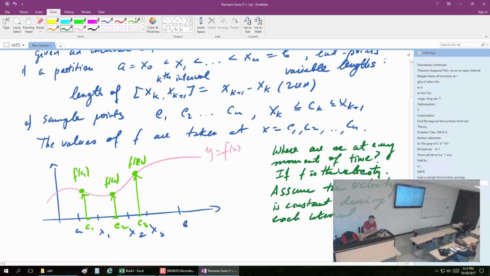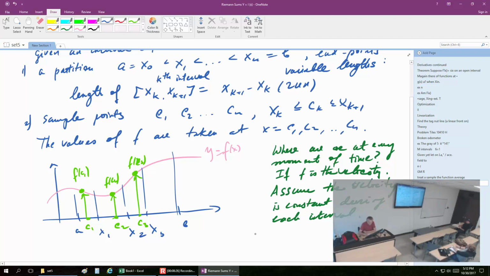Okay, so in other words, this is how you would naturally describe that. So you'd do this, okay, and then during every period of time, the velocity is assumed to be equal to that number, okay, and then you just multiply by the length of the time interval.